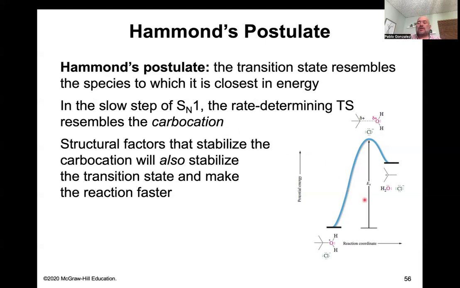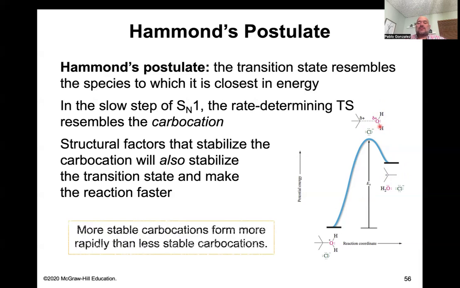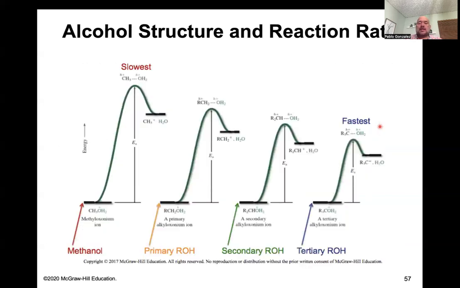So whatever stabilizes this also stabilizes this, and that makes the reaction faster. More stable carbocations form more rapidly than less stable carbocations. If the carbocation is more stable, the reaction is going to be faster. If the carbocation is less stable, the reaction is going to be slower. We're going to show that in the next slide.